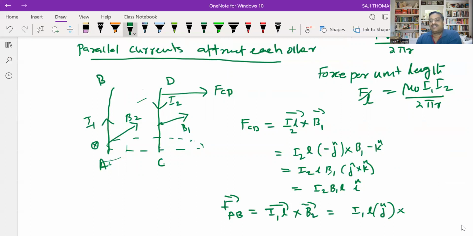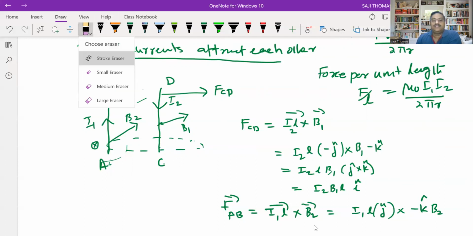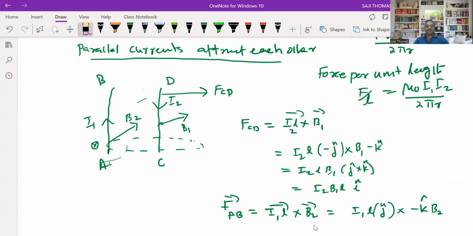B2 is along the negative direction, minus K. AB is in the magnetic field of B2 only.